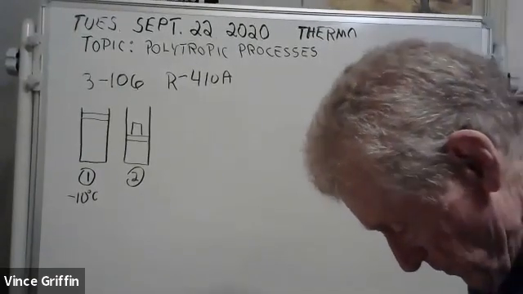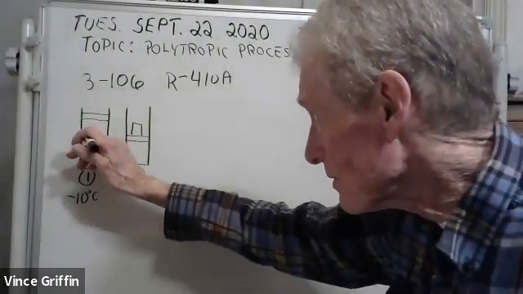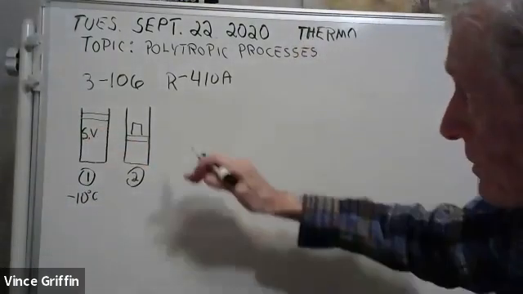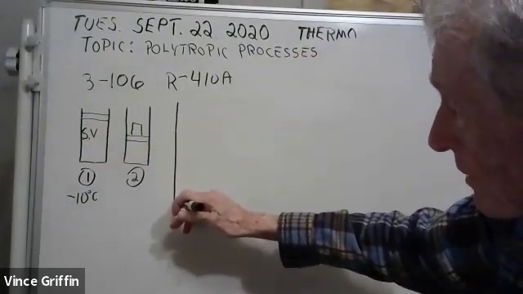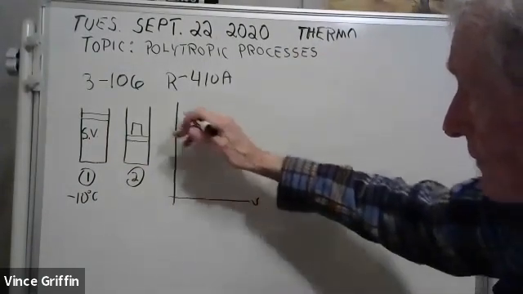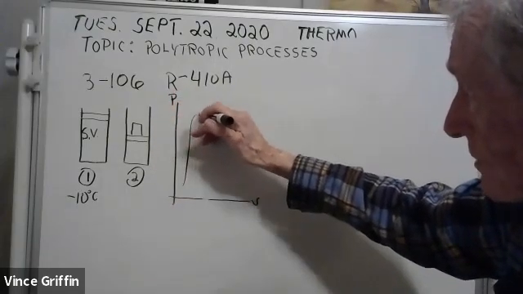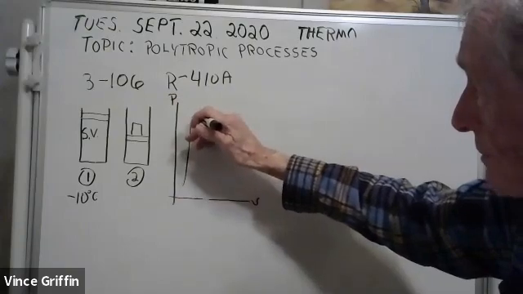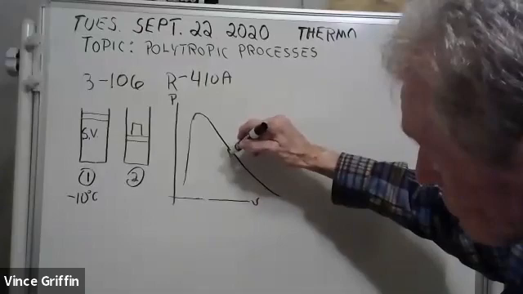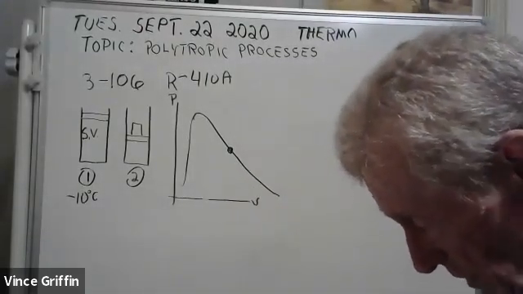Now they told us though that it starts off at saturated vapor. Now we know where that is on a PV diagram. We're dealing with a refrigerant. It has a vapor dome. We're located here at saturated vapor, -10.